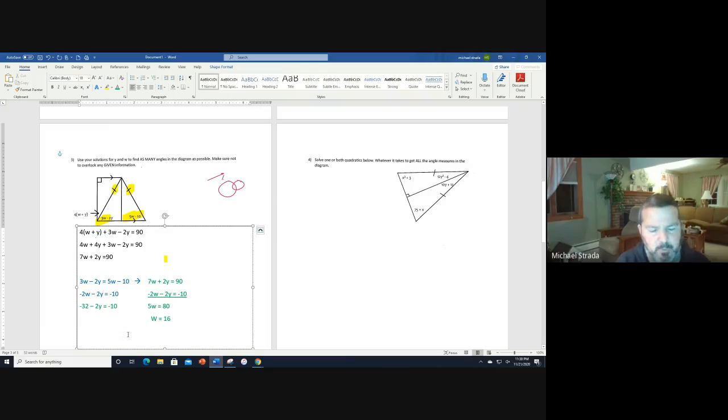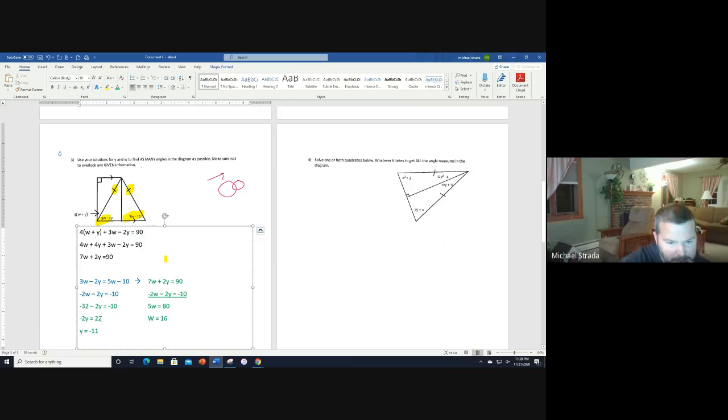And when I solve for y, I'm going to add 32 to both sides, so negative 2y equals 22. And divide by negative 2, y equals negative 11. Which is okay, because I have a negative 11 here.